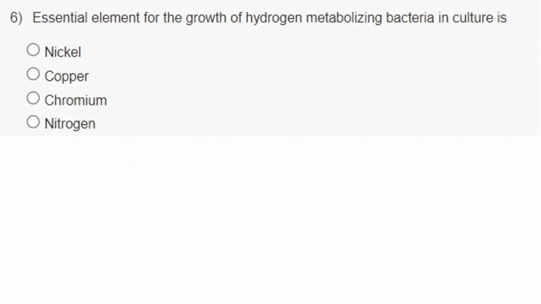So the next question is, essential element for the growth of hydrogen metabolizing bacteria in culture is. This also we discussed, a similar question we discussed in the last session. Anybody?